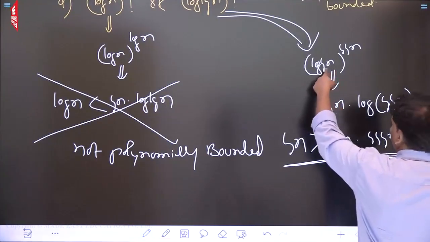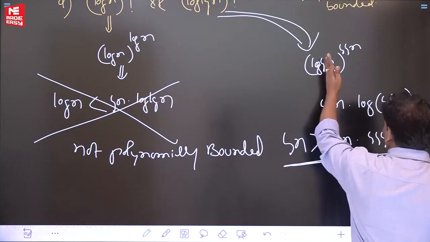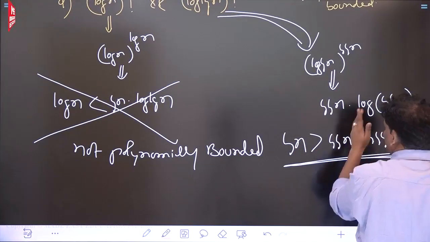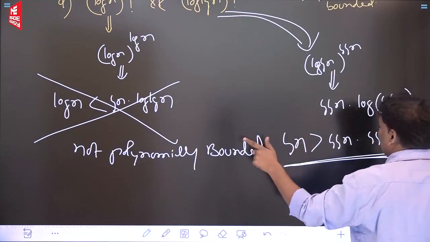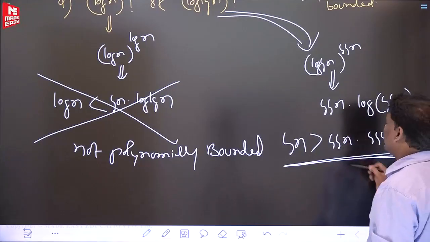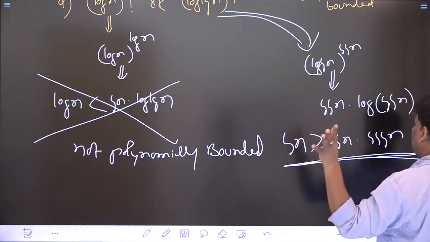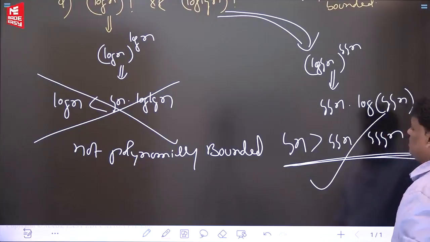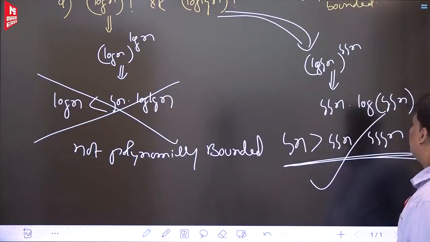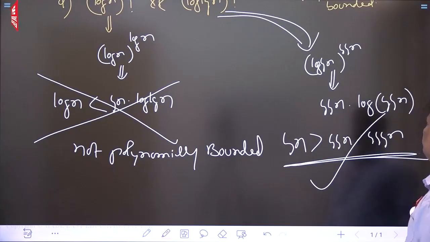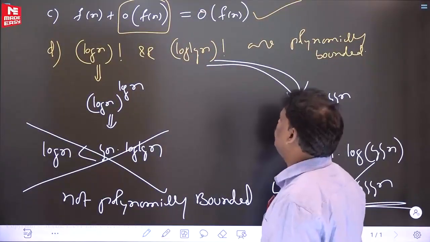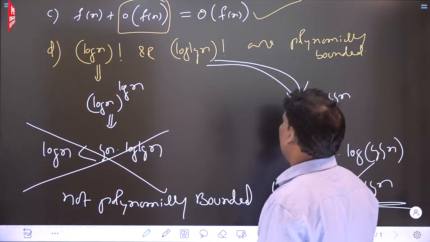So after applying log on the given function, this value is less than or equal to log n, which means it is polynomially bounded. For any function, after applying log, if its value is less than or equal to log n, then I can say polynomially bounded. So in option D, log n factorial is polynomially bounded.